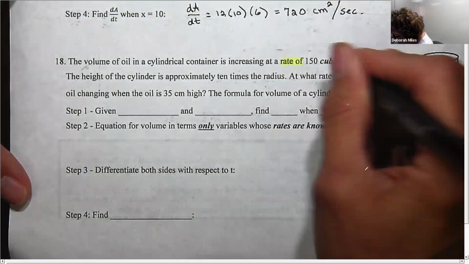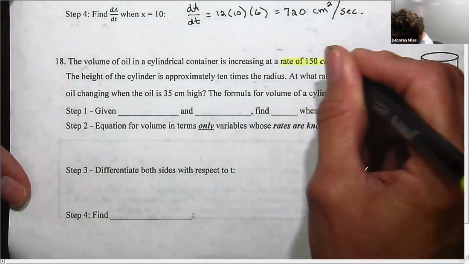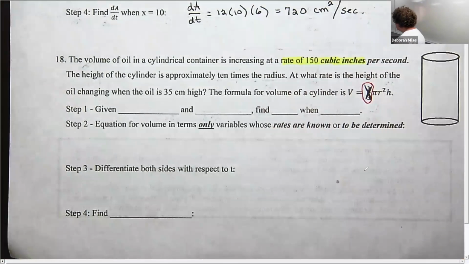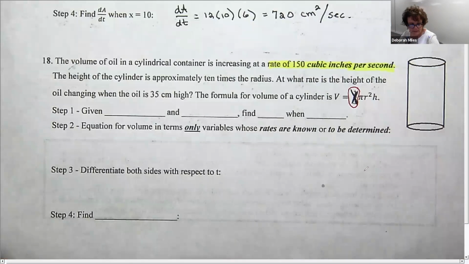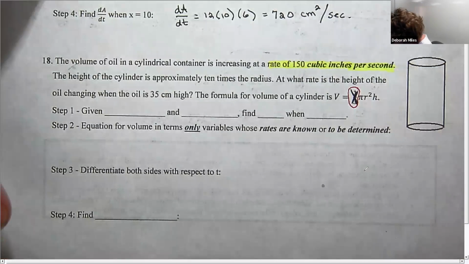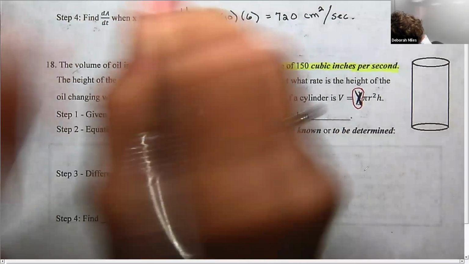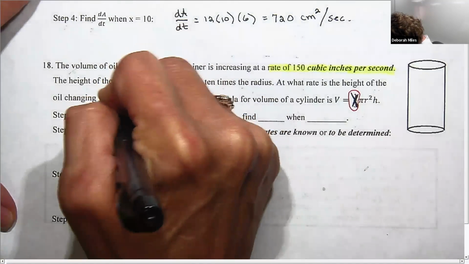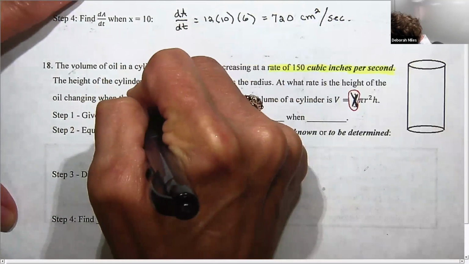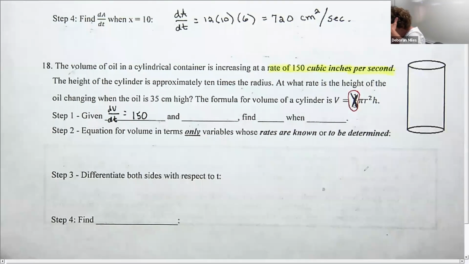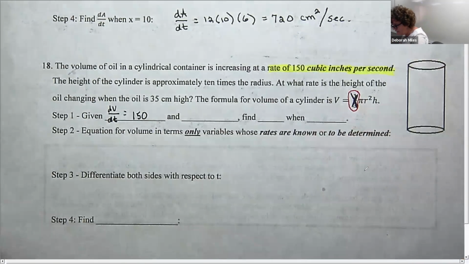I can tell that by the fact that my units are cubic. So what's that a measure of? Or what symbol will I use for the rate of 150 cubic inches per second? That's a change in volume with respect to time. So given that dV over dt is 150. And I'm not going to put the units, I have them highlighted. I can look back at that if I need to.